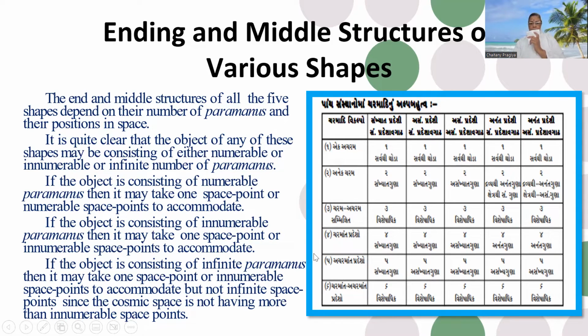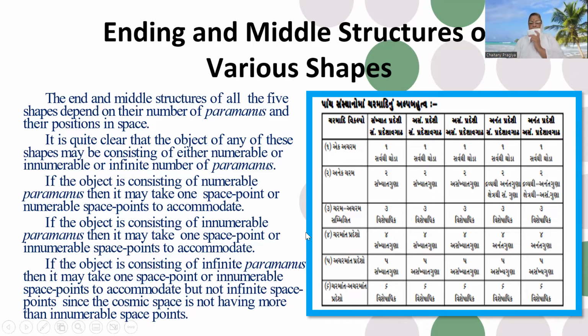Here it is said there are Charmanta Pradesh, Acharmanta Pradesh, and Charmanta Acharmanta Pradesh. It means in the end of any structure, whether we are talking about the structure of the universe or of any object, if many atoms come in the end, it can be shown that there are not just one or two atoms in the end, but many other atoms coming at the end of this particular structure.